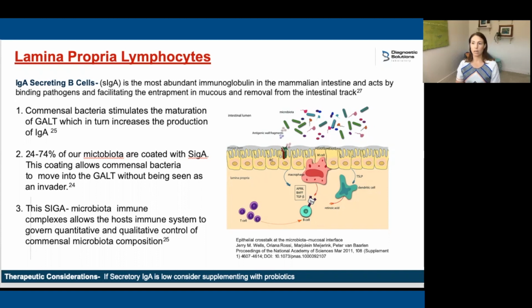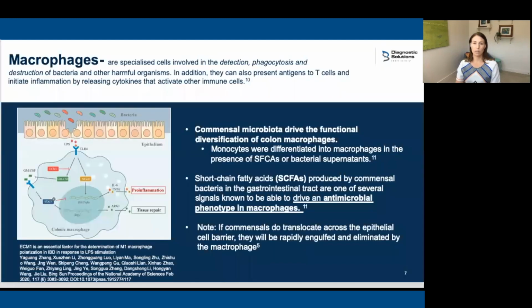All right, looking at a couple other immune cells, we'll move towards the macrophage. Macrophages are specialized cells involved in the detection, phagocytosis, and destruction of bacteria and other harmful organisms. Short-chain fatty acids from our beneficial bacterial flora really drive the differentiation of a monocyte into a colon macrophage.